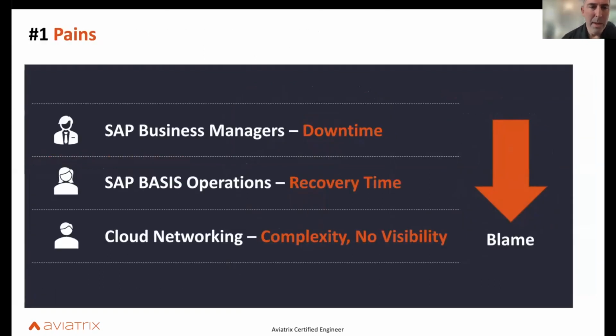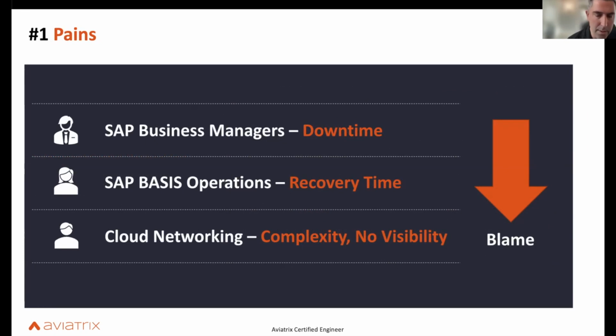So what are some of the main pains of SAP, really from the top down, right? So business managers, especially if you're doing a very complex migration or a business transformation, right? These can take 2, 3, 4 years.